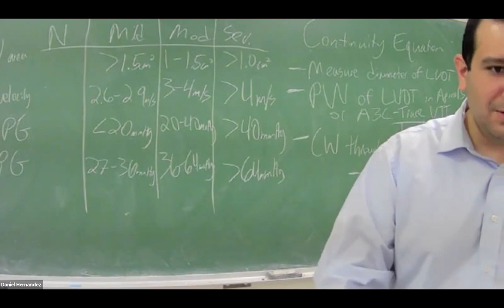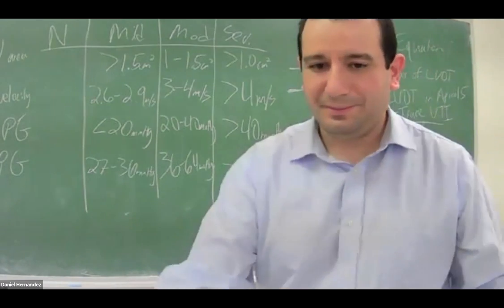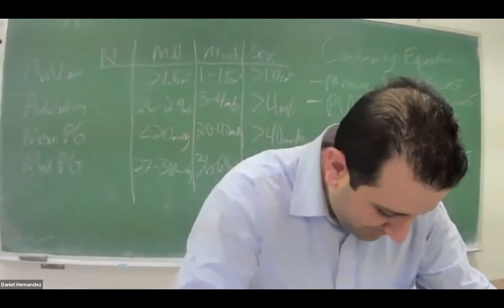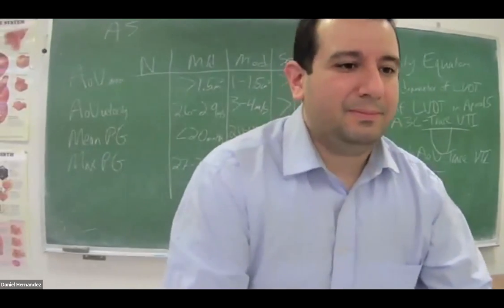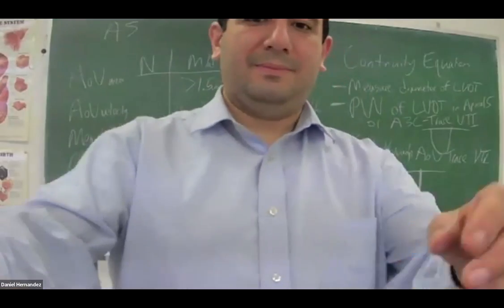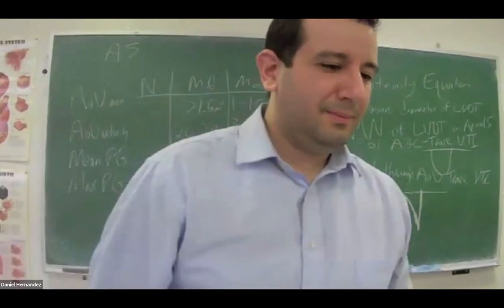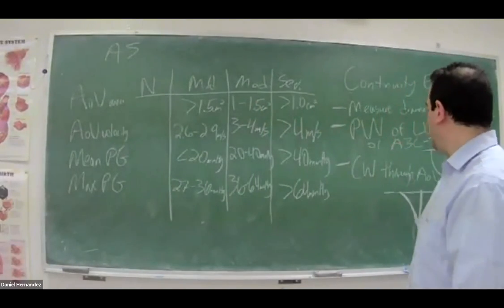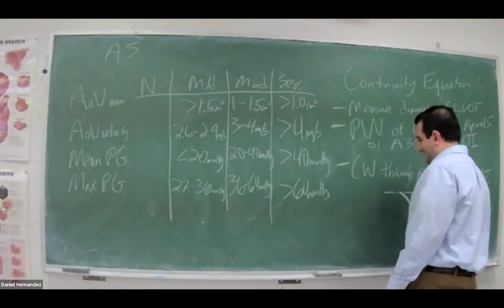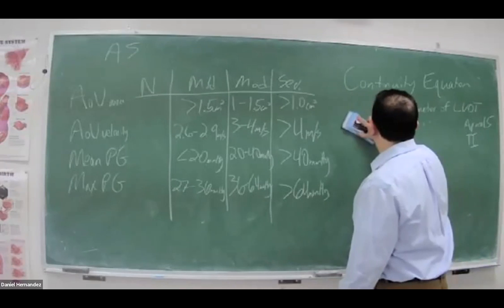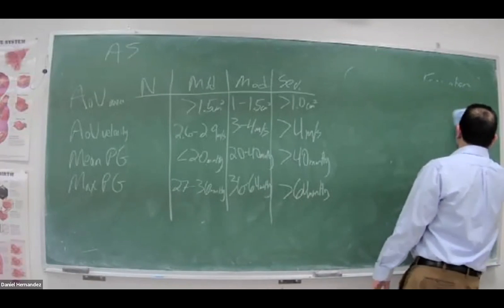What's the most common cause of aortic stenosis? You guys should be shouting this at me. Degenerative? Degenerative, yes. So when we're talking about aortic valve, the most common cause is going to be degenerative changes.